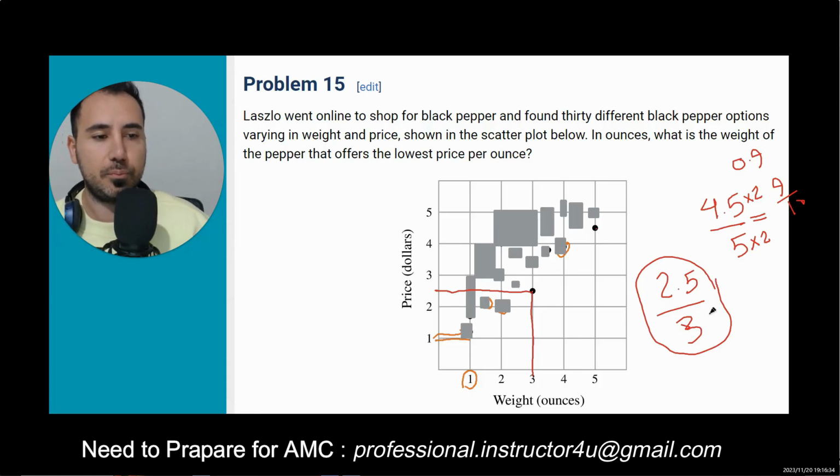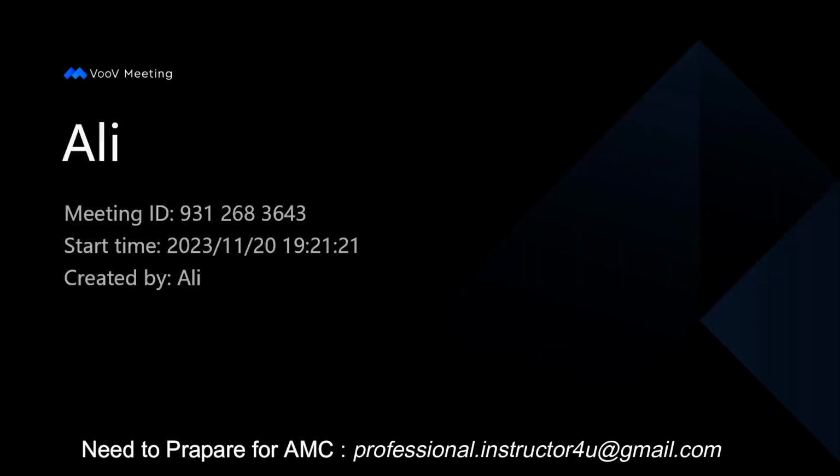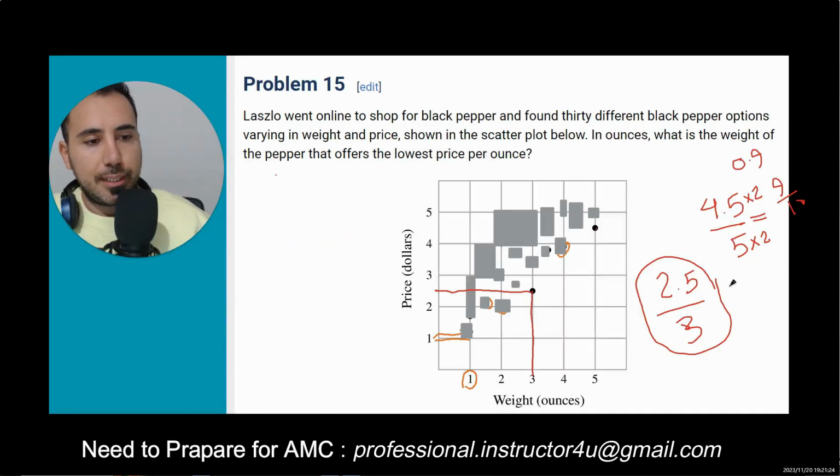So to just get a feeling of it, if you're not sure, if it's 2.4 instead of 2.5 when you divide it, it's going to be 0.8. Just a little more than that. If you're not sure, when you turn it into decimal, it's going to be almost 0.8, definitely less than 0.9. So we know that this is the right answer.